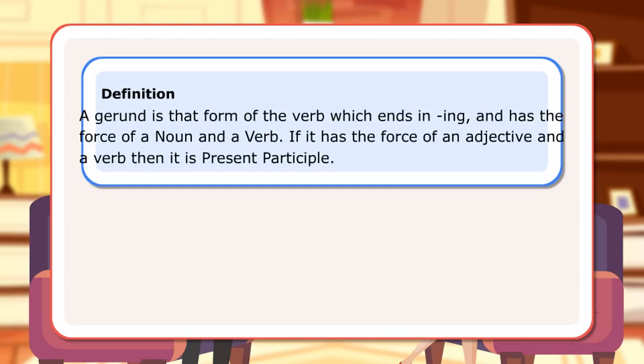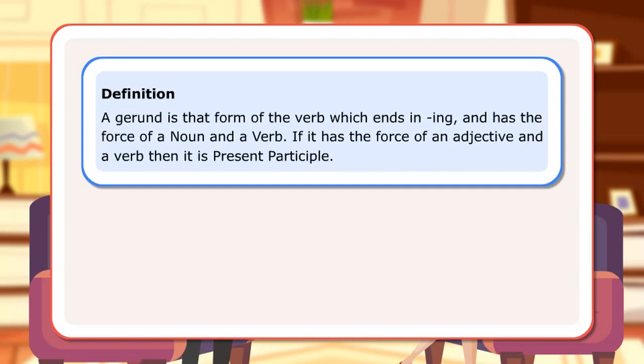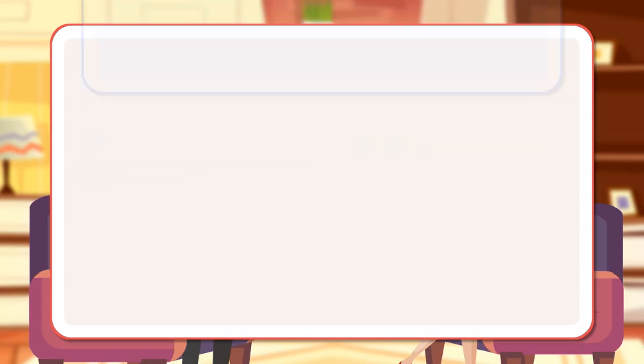Definition: a gerund is that form of the verb which ends in ing and has the force of a noun and a verb. If it has the force of an adjective and a verb, then it is a present participle.